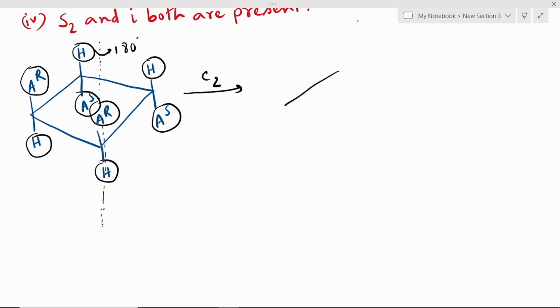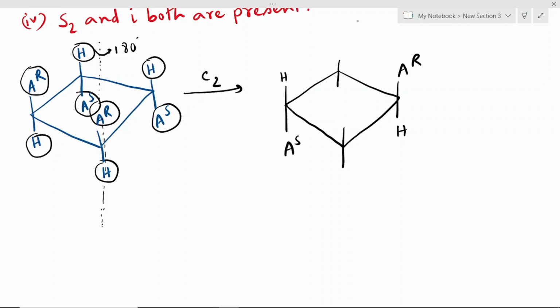Simply we can draw: so here it is AR, it is H, it is AS, it is H, it is AR, it is H, and it is AS, and it is H.